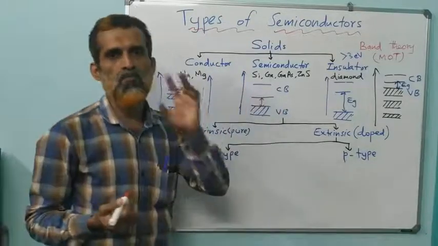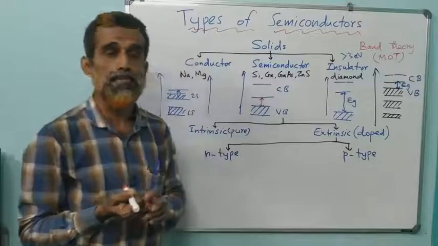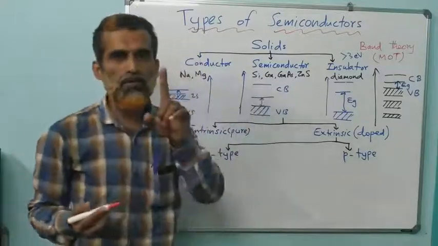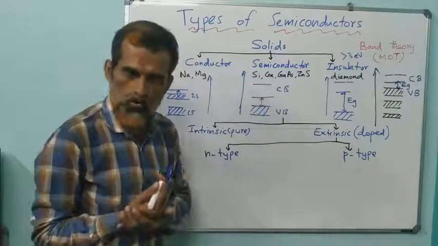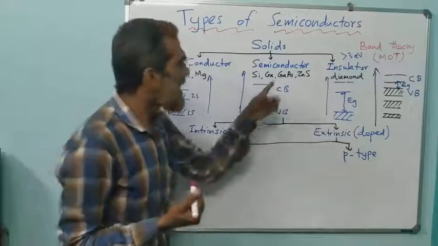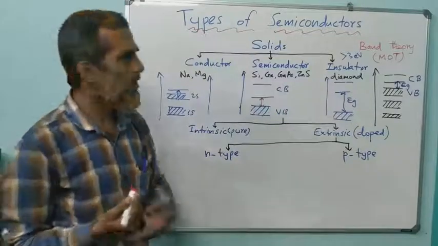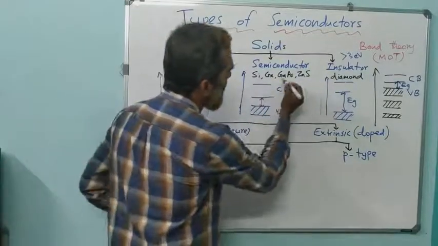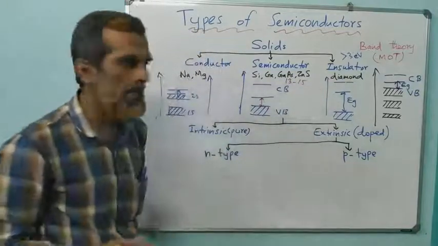Silicon and germanium are well-known semiconductors, and you know the importance of the semiconductor industry in this era. In addition to silicon and germanium, they come in the carbon family. Valency is 4. Instead of using silicon or germanium, we can make use of compounds called 13-15 compounds. What is the specialty?